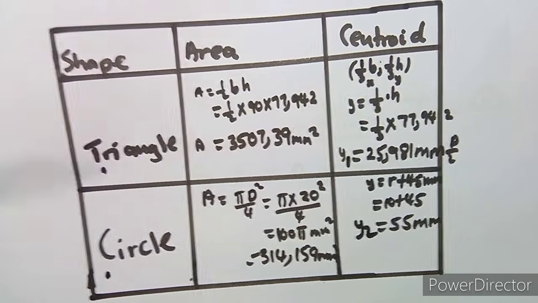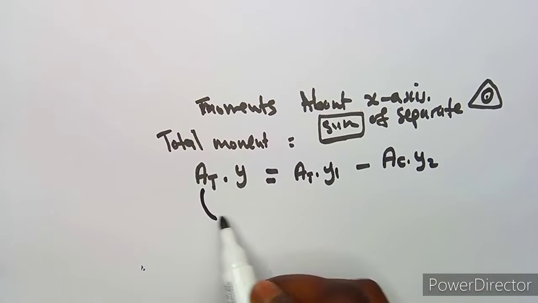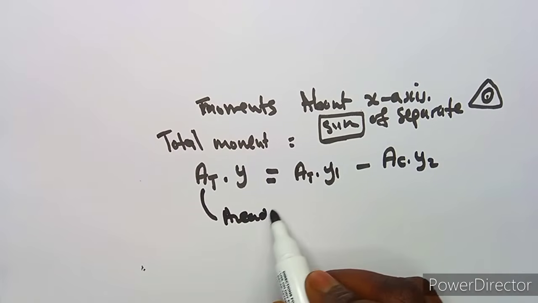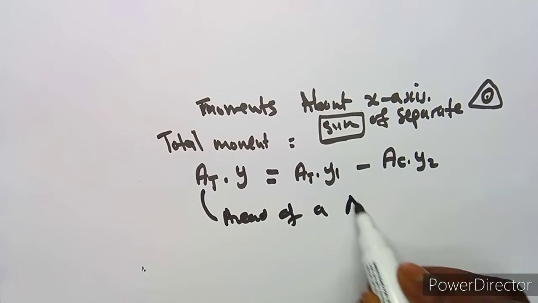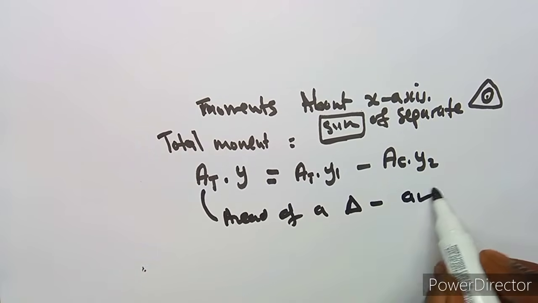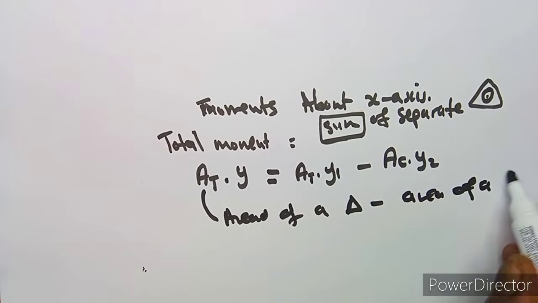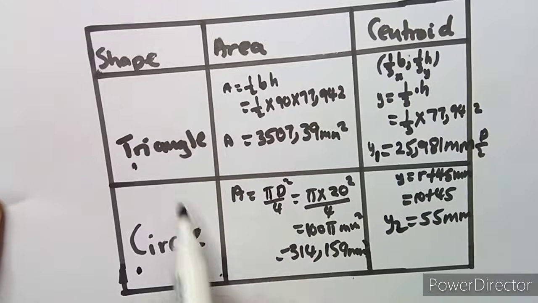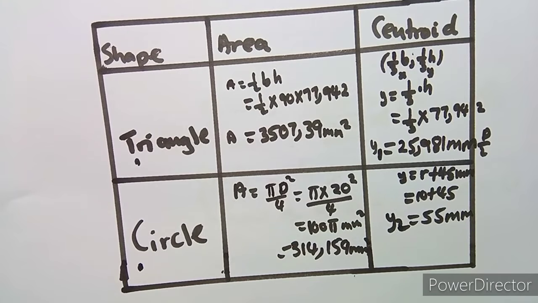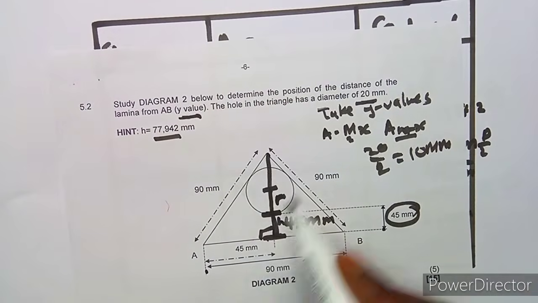Like I said, the total area is going to be the area of a triangle minus the area of a circle, because there is a triangle and a hole. Whenever you're given a hole like this, you subtract that hole.